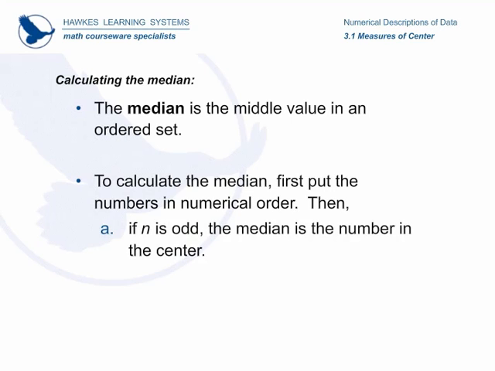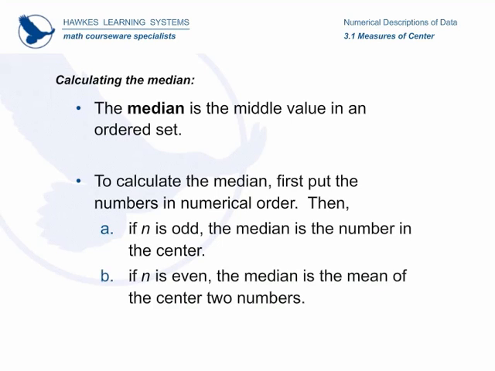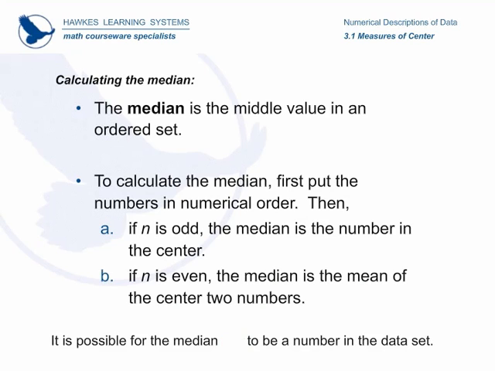Then, if n, the total number of data values, is odd, the median is the number in the center. But if n is even, the median is the mean of the center two numbers. It is possible for the median to be a number in the data set.